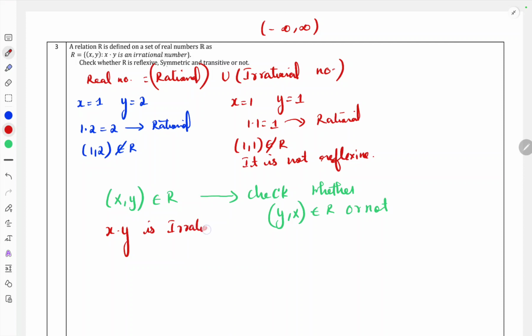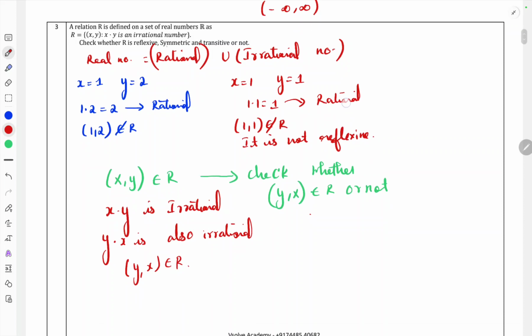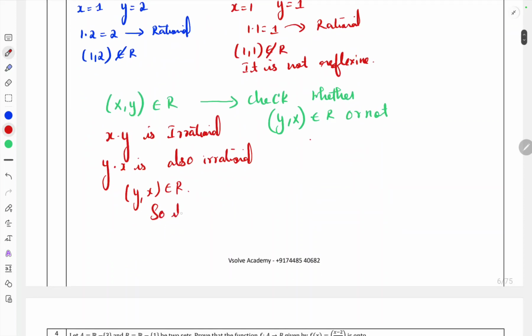If x into y is irrational, then I can say y into x is also irrational. So if y into x is irrational, then I can say (y, x) belongs to the relation. So it is symmetric.